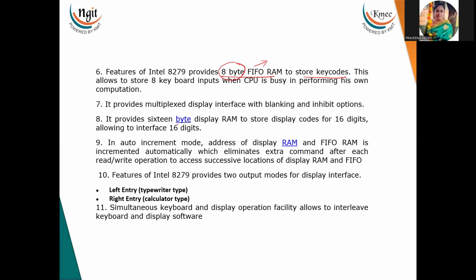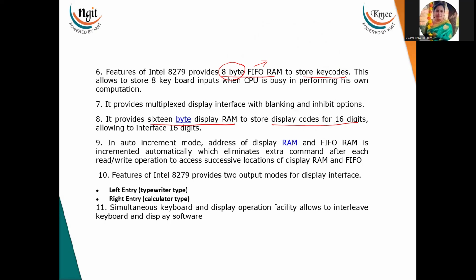It provides a 16-byte display RAM to store the display codes for 16 digits. If we are running all 16 displays, then the 16-byte data will be stored in this display RAM. If we are using only 8, then the first 8 locations are used.